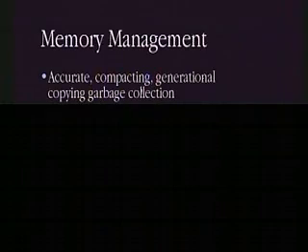So let's go to memory management first. The hotspot VM that we ship on macOS 10 has an accurate compacting generational copying garbage collector. What do those buzzwords mean? Accurate means we know at all times where in the VM you have references to your object. We can distinguish between real references to objects and just memory locations that look like references to objects.